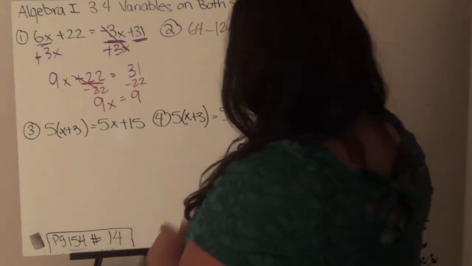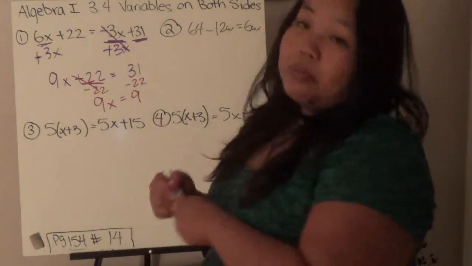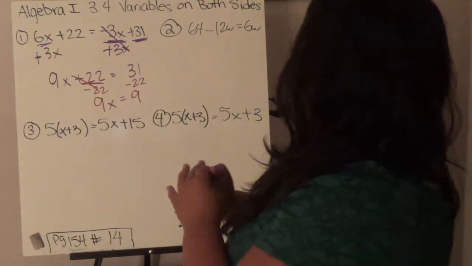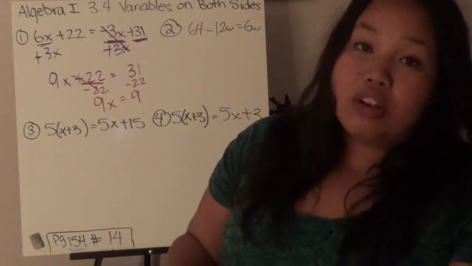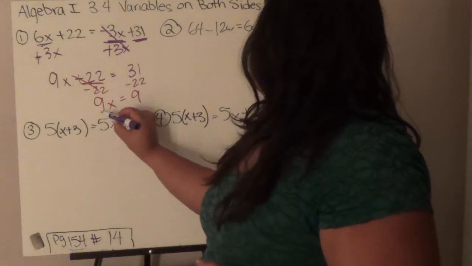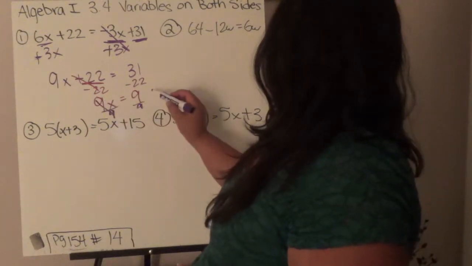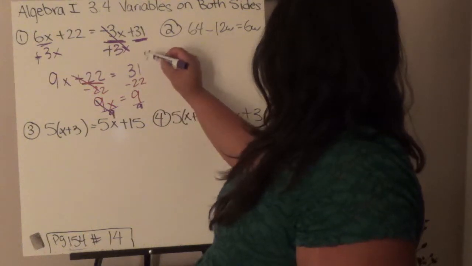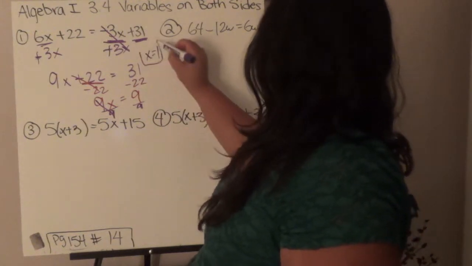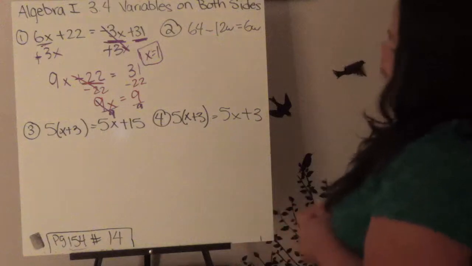Well, x still has a friend, and that friend happens to be 9. And it's being multiplied. So the opposite of multiplying 9 by x is to divide. So I'm going to divide by 9. This cancels out. I end up with x equals 1. And that's my answer.